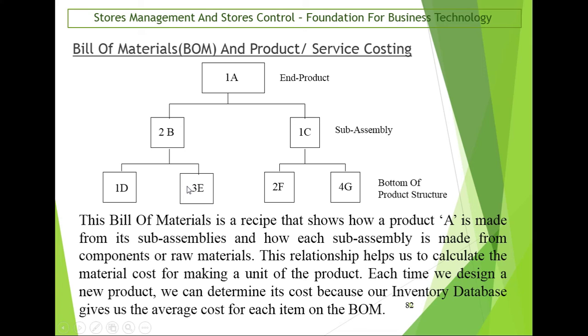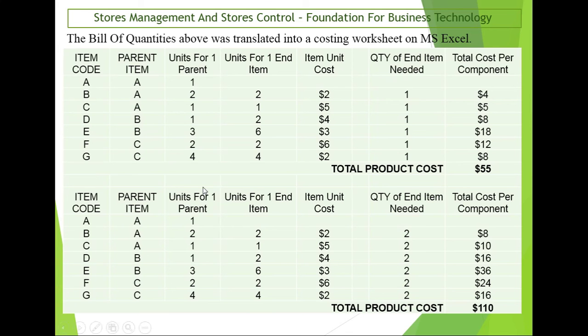The 3 is the number of E required to make one of B. So if we now want to know how much of E we need to make one of A, we must now multiply that 3 by 2, so that to get 2B we have 6E.